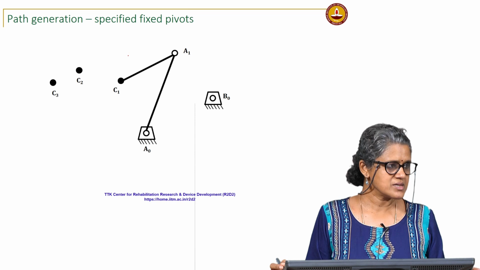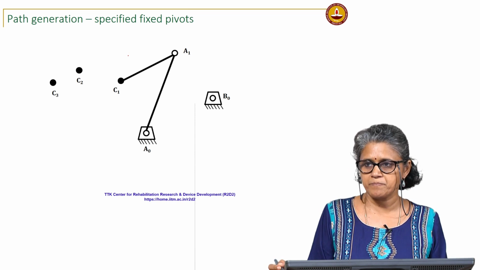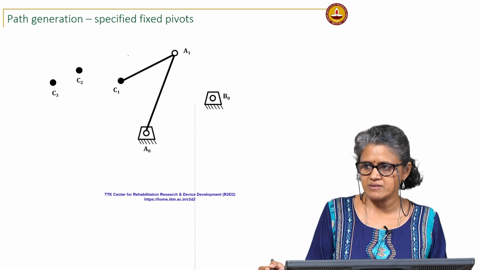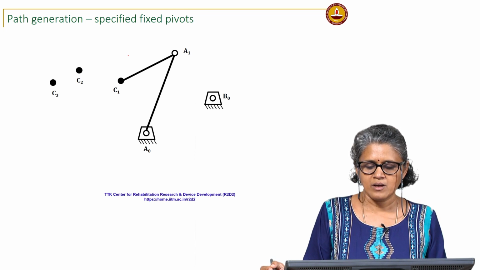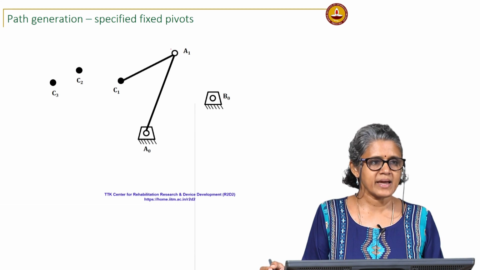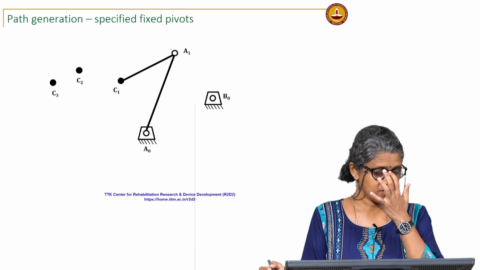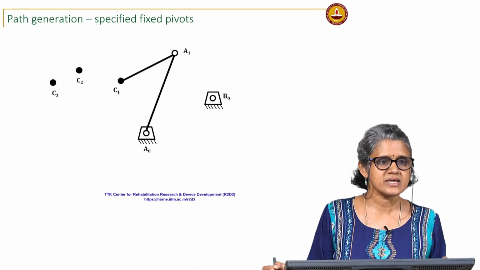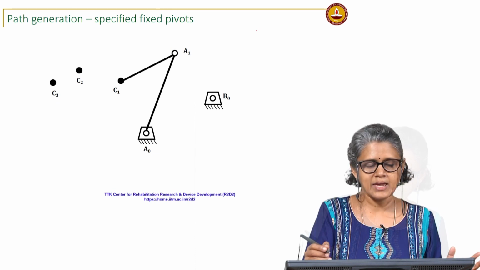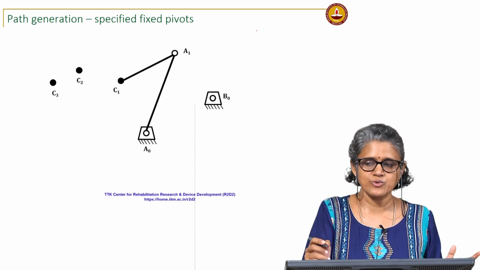From this definition of the problem, okay, I am given one moving pivot. What do I know that I could use to design this linkage? What are the conditions on A and C? I am giving you a hint.